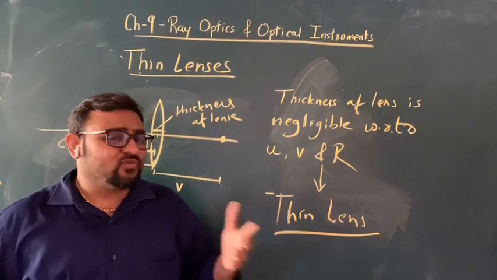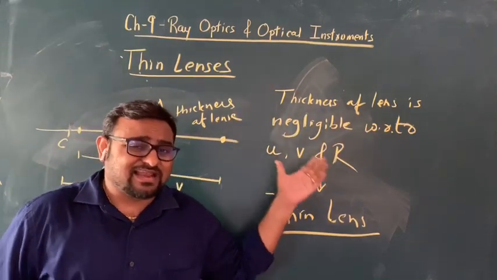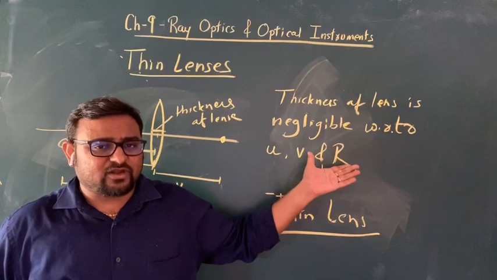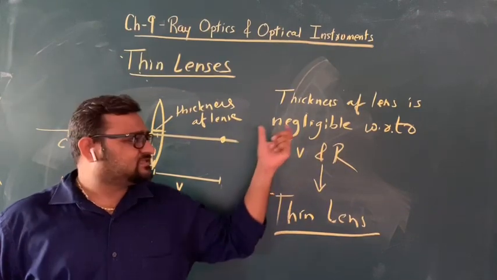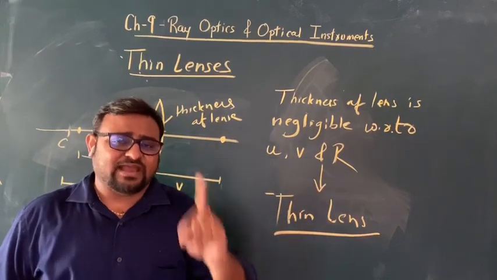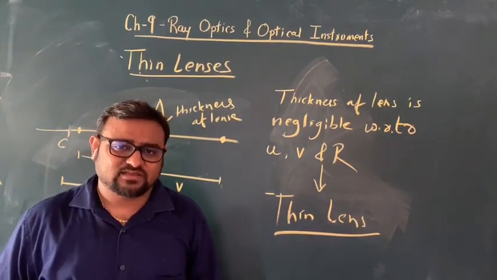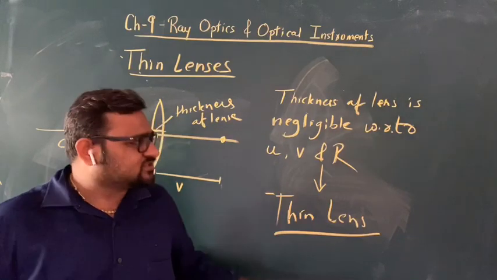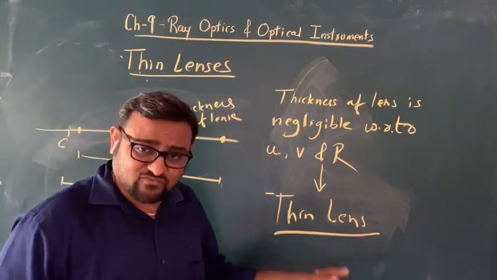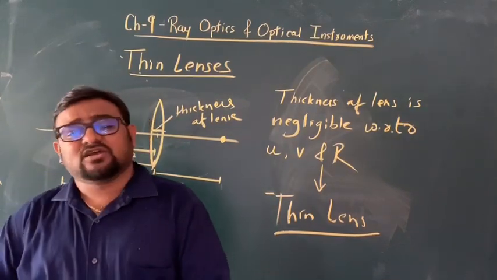When the thickness of the lens is negligible compared to the object distance, image distance, and radii of curvature, then that lens is said to be a thin lens. Clear? So this was about the definition of a thin lens. Now let's move forward.